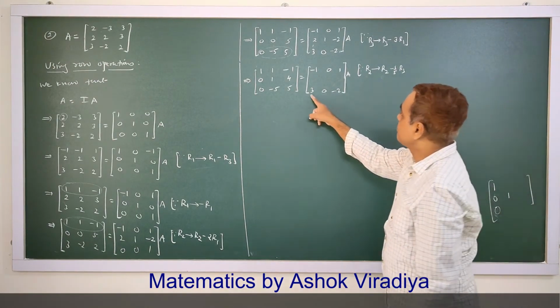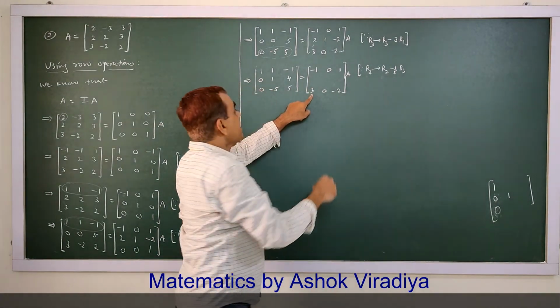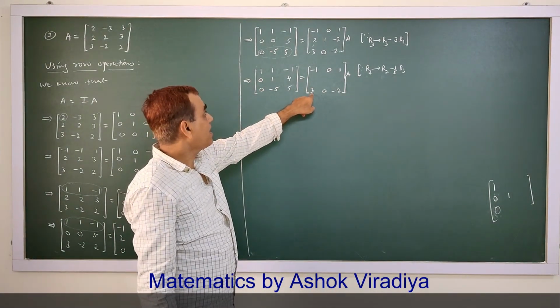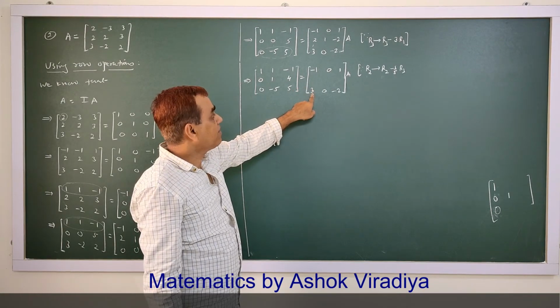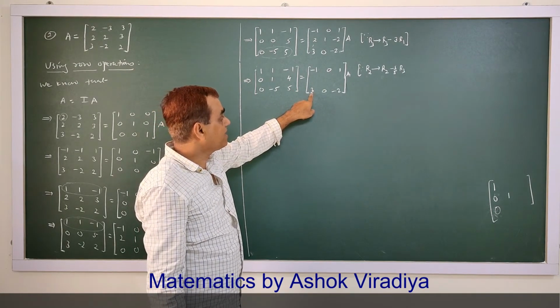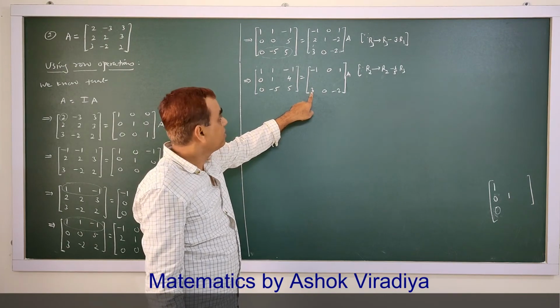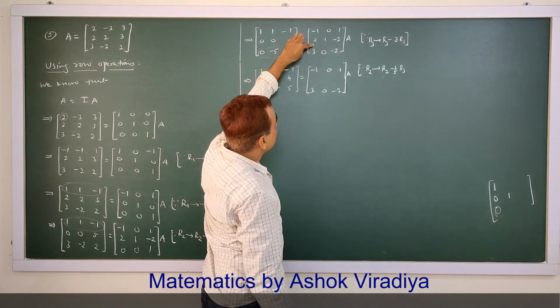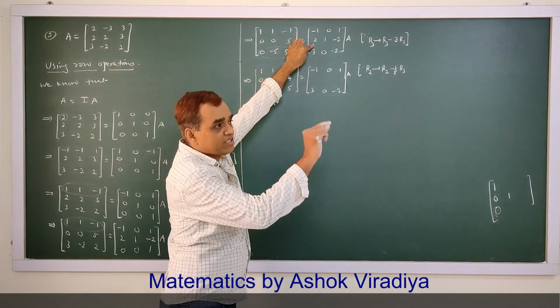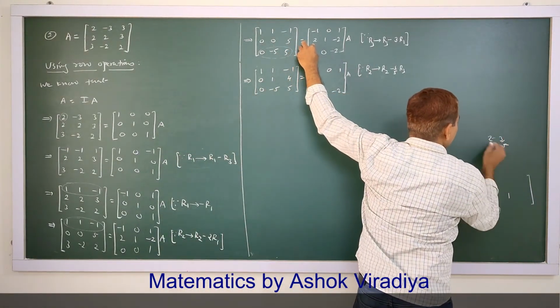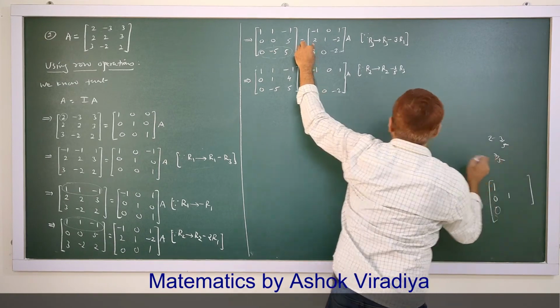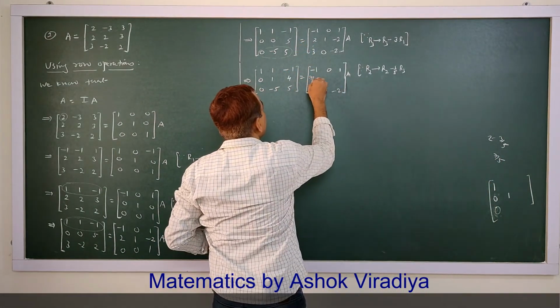Now third row multiplied by 1 by 5 and subtracting here. So 3 by 1 by 5, multiply this by 1 by 5. So 3 by 5, subtract here. So 2 minus 3 by 5, that is 10 minus 3, so this will be 7 by 5.